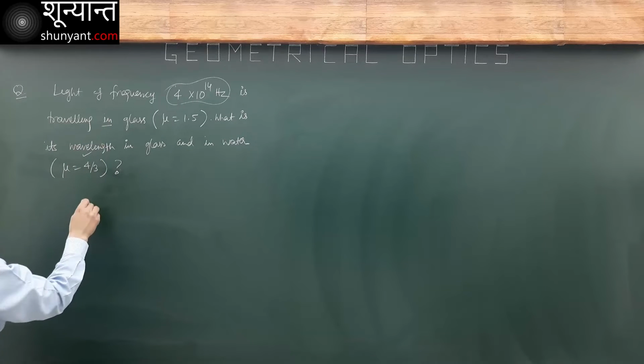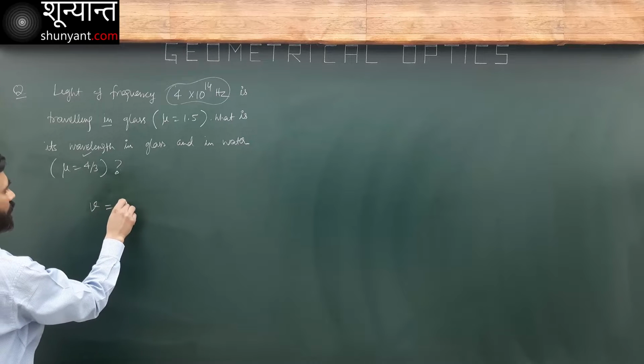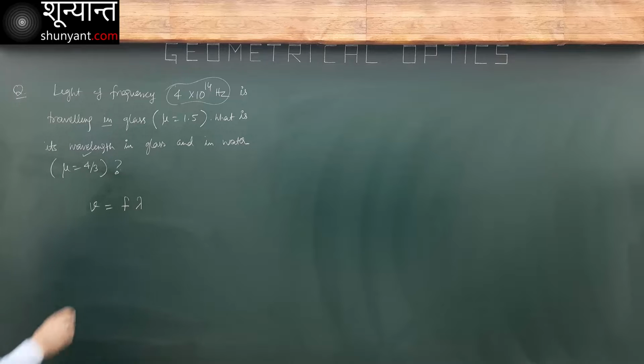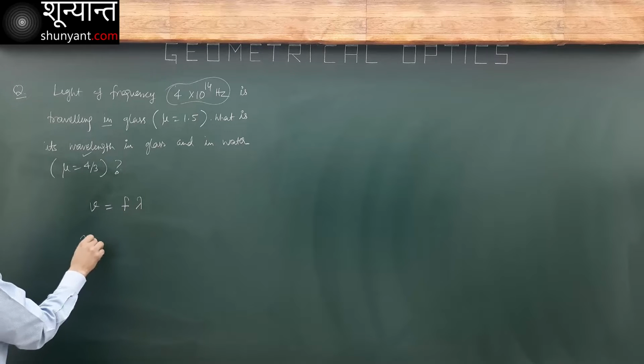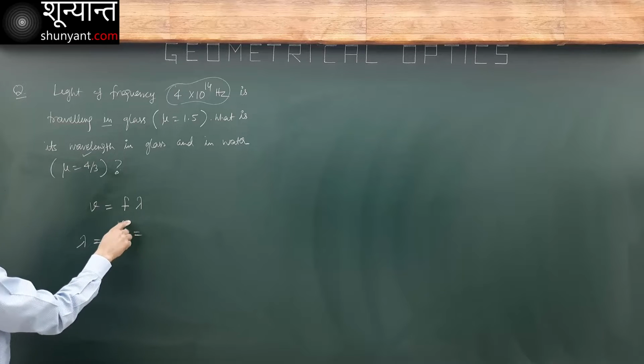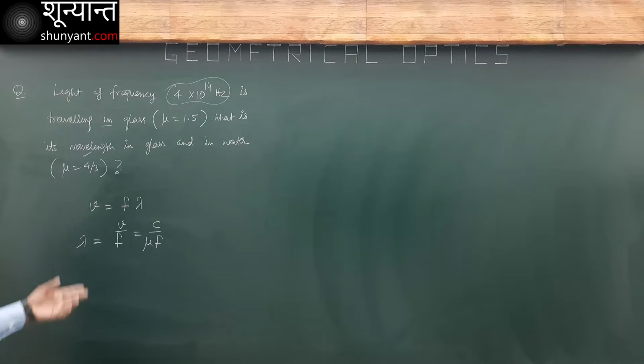Now, how to find wavelength? Speed is equal to frequency times lambda. Now, lambda is equal to speed over frequency. Speed is c over mu times f. That's what we have to do.